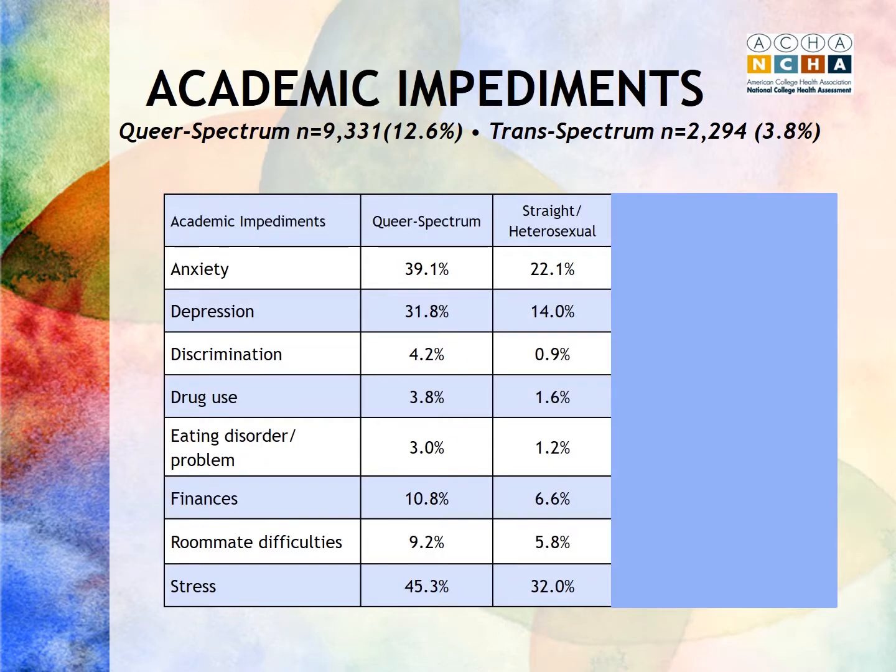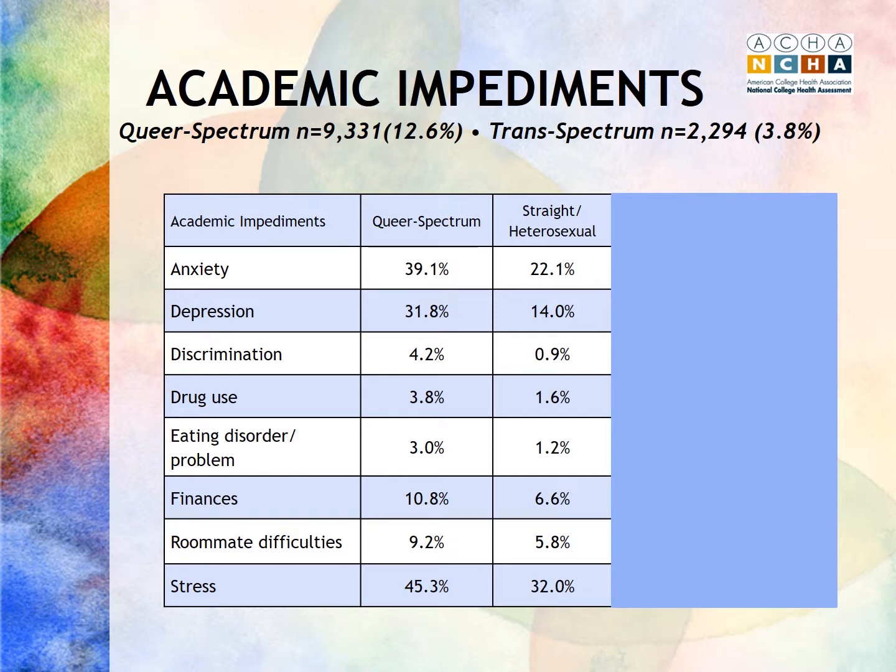Academic impediments. If you look, you'll notice that stress and anxiety is common for really all students, but we see higher rates in queer spectrum students, both stress and anxiety. And you look at rates of financial problems or roommate difficulties, they're almost twice as high for our queer spectrum students.